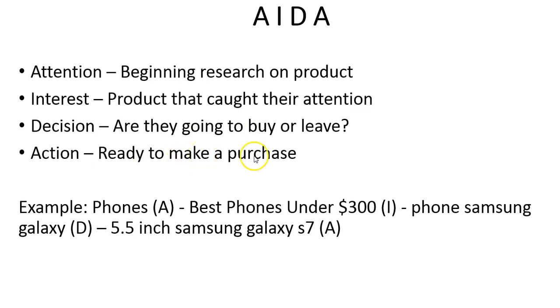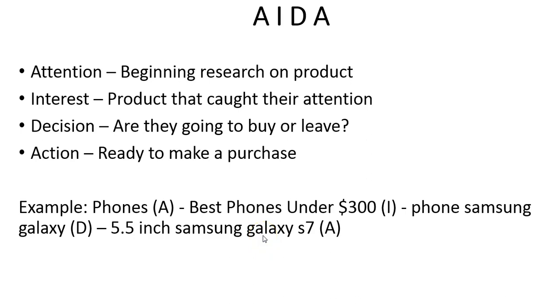If someone types in a 5.5-inch Samsung Galaxy S7, that's a lot different than just a phone, or a cell phone, or a phone under $300. With those, they know they want a phone, or a Samsung Galaxy, but they still don't know which model yet. The person who types in a 5.5-inch Samsung Galaxy S7 is ready to make a purchase.